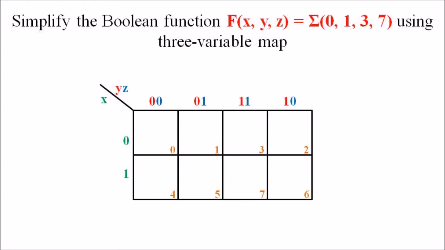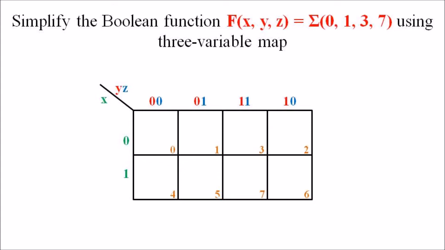These are the different combinations of columns. In this K-map the cells have subscript values 0, 1, 3, 2 in the first row and 4, 5, 7, 6 in the second row. These subscripts represent the min terms in SOP.